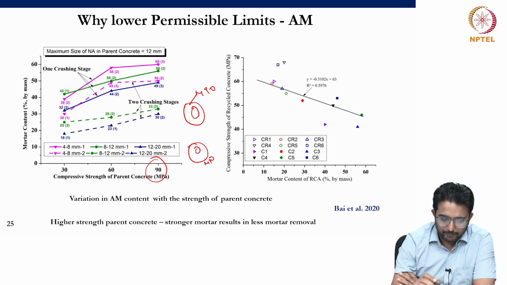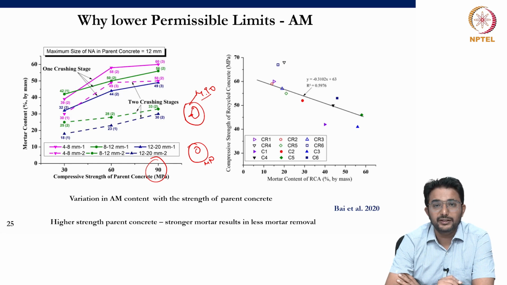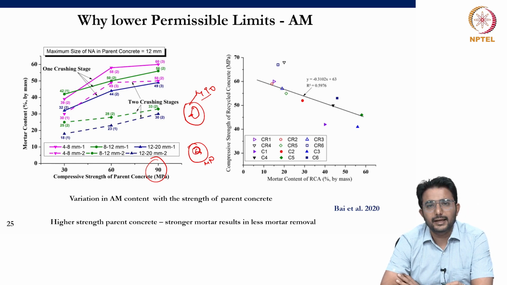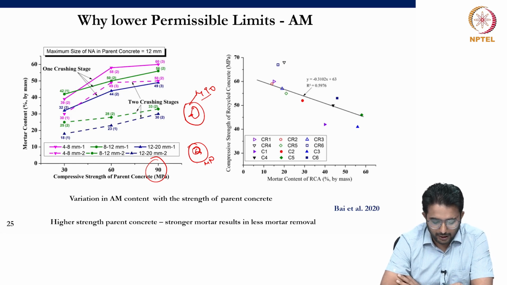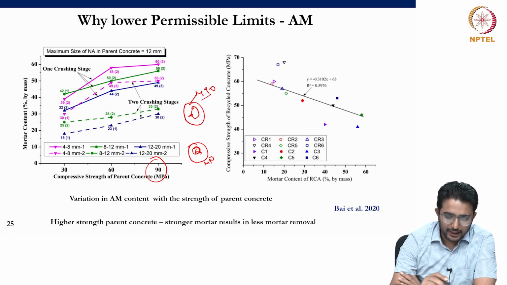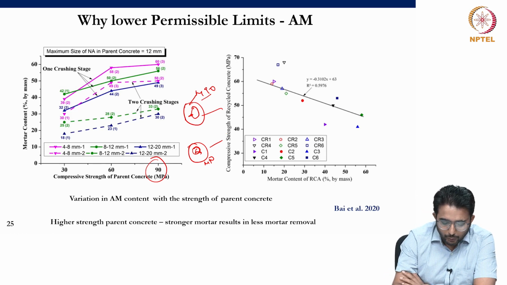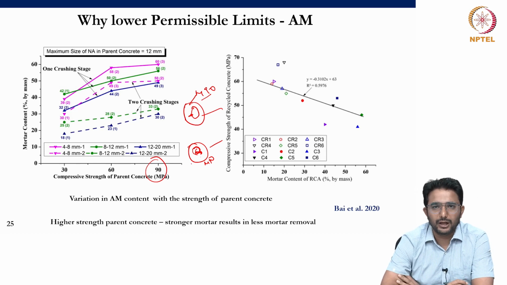The difference between these two recycled concrete aggregates is that the bonding between the aggregate and the mortar will be significantly higher in the recycled concrete aggregate that we are receiving from M90 grade concrete, and the bond strength between the mortar and the aggregate will be significantly lesser in case the recycled concrete aggregates are produced from lean concrete mixes. So obviously if we crush both these concrete chunks with the same crusher, because of the lower bond between the mortar and the aggregate, the chances of removal of the added mortar will be higher, right?